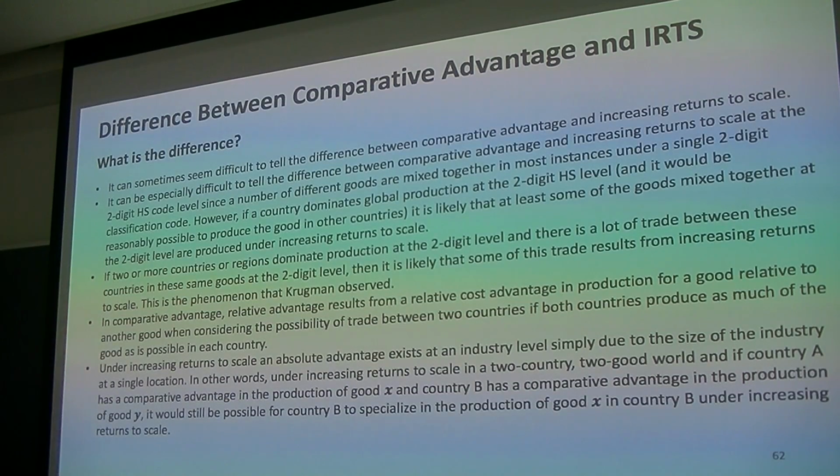In comparative advantage, we're typically talking about the country level. You may have increasing returns to scale, but they're at a country level rather than at a localized level. Also, at the 2-digit HS code level, you have a number of goods mixed together, and so it can be difficult to tell.